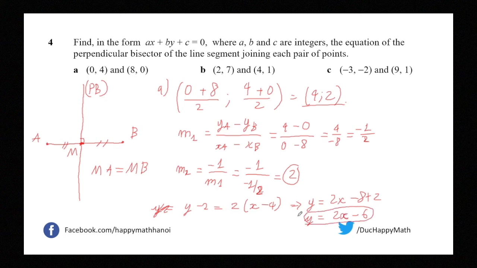Now we change the form to ax plus by plus c equals 0. It means you have to rearrange the terms in this case. First the 2x, and minus y, and minus 6 equal to 0. Let's change the position between x, y and the constant number. Question A, we finished.